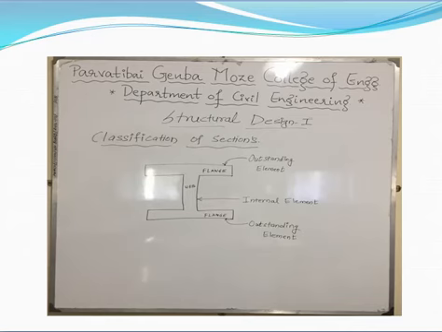Now, for example, the flange overhang of an I section, means this flange portion of the I section, is an example of an outstanding element. Other examples are the stem of a T section.